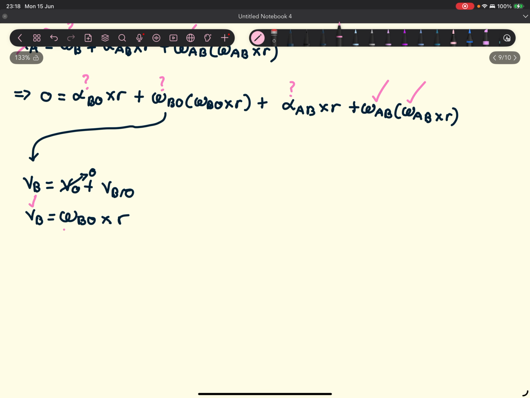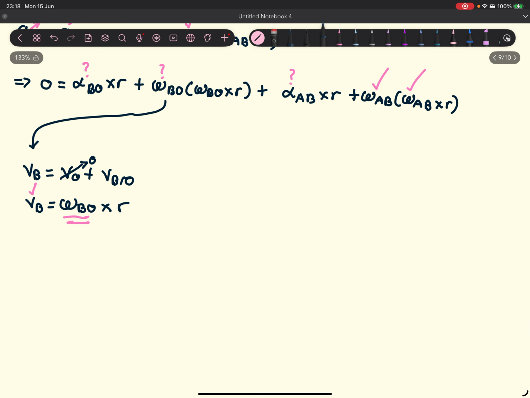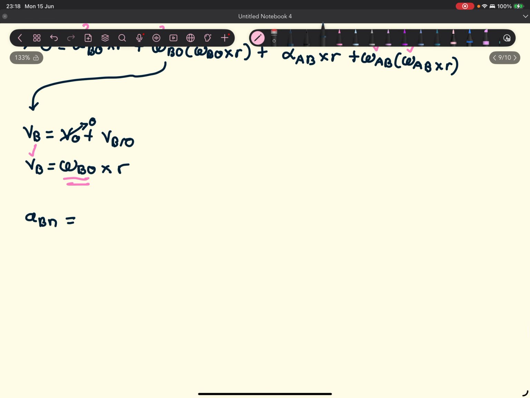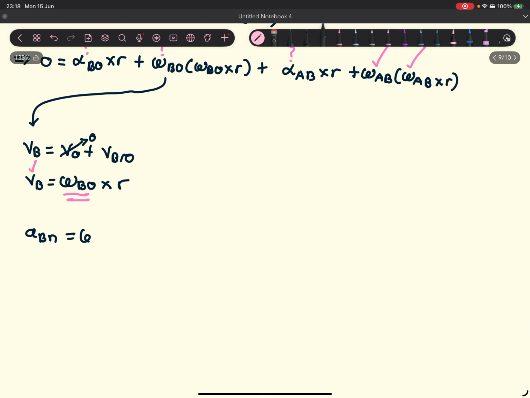And then we can solve for omega BO, right? And we can work out the normal acceleration for B, right? Which is just going to be omega BO into omega BO crossed with r, which is just this term over here, right?